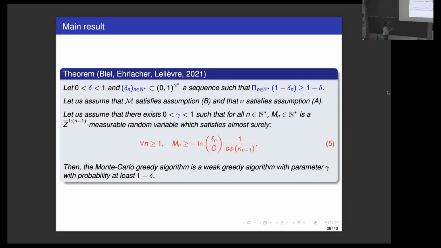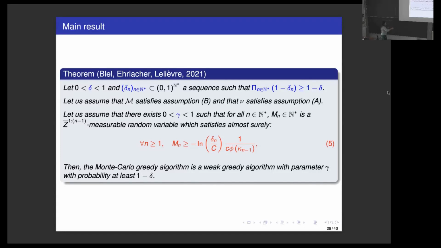And let's assume that there exists some parameter gamma such that for all n, M_n, the number of random samples used at iteration n of the greedy algorithm, satisfies this inequality here. So here, M_n has to be larger than some quantity where this delta n constant comes into play with a log factor.